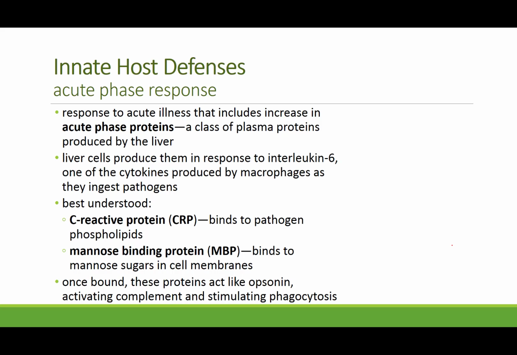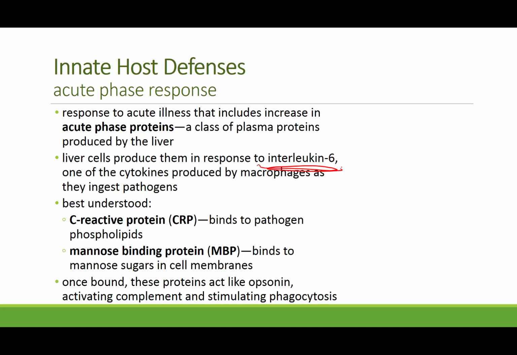So they're made as the liver is responding to one of the cytokines that macrophages make as they ingest pathogens. So macrophages produce this interleukin 6. Interleukin 6 talks to liver cells and causes them to make the acute phase proteins.